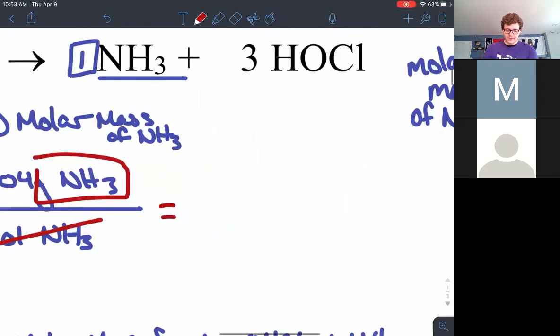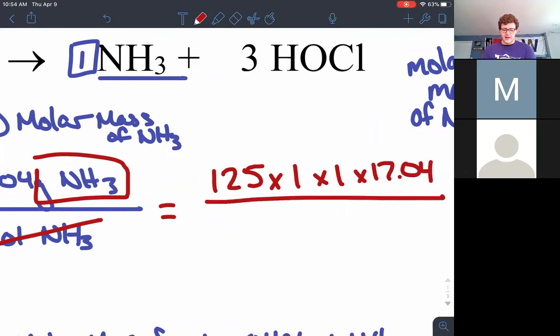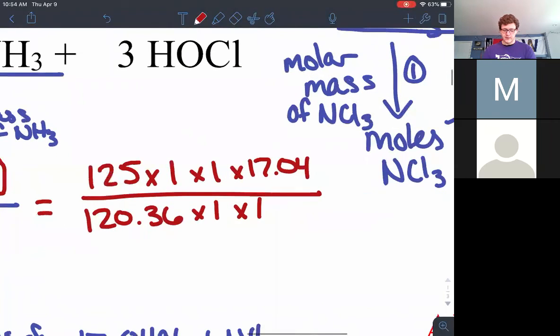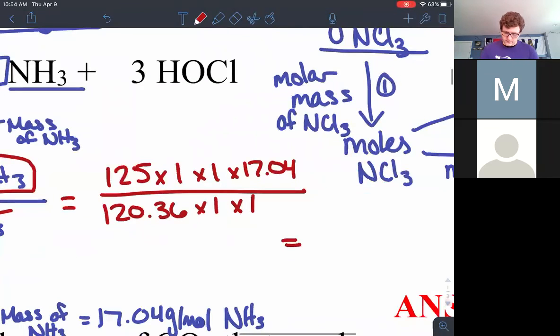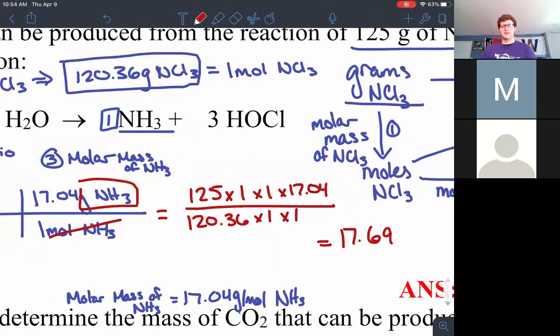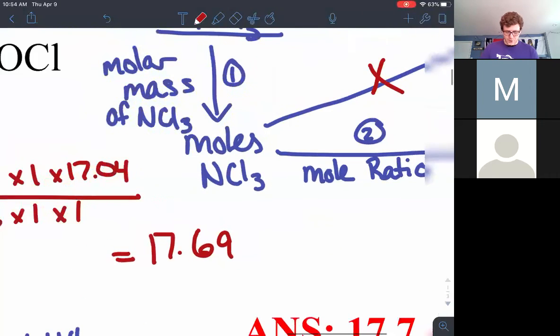So we're going to multiply 125 times 1 times 1 times 17.04 divided by whatever's on the bottom, so 120.36 times 1 times 1, and we should get our answer. 17.69. And what are my units going to be? Grams of NH3. Perfect.